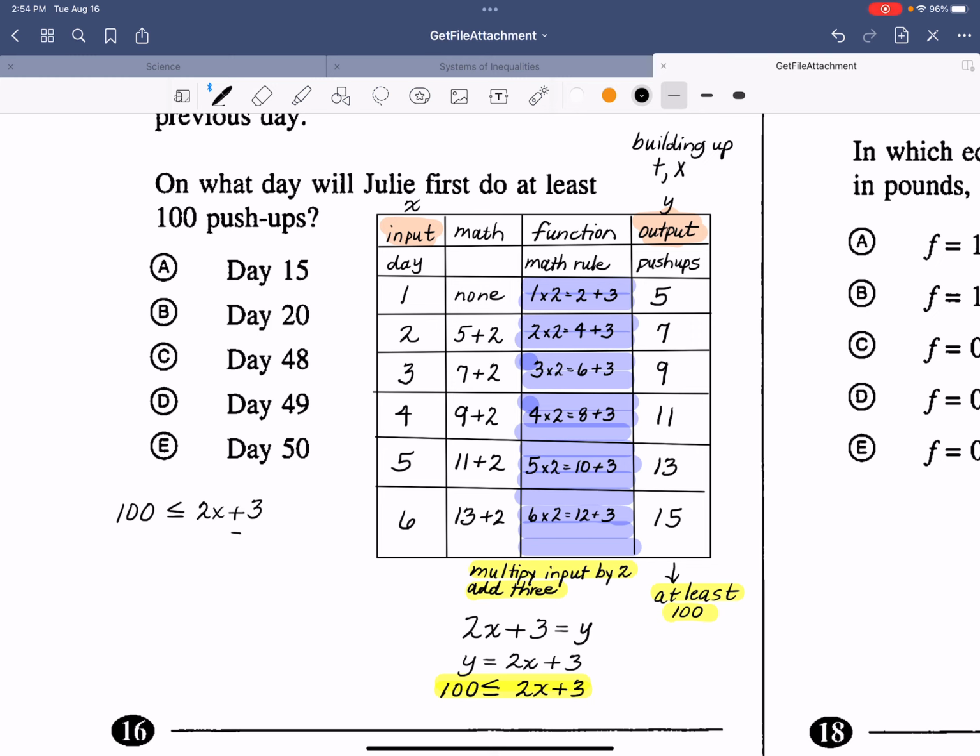So I'm going to subtract 3 from both sides. And I'm left with 97 divided by 2x. I'm sorry, 97 is less than or equal to 2x. I'm going to divide by 2.